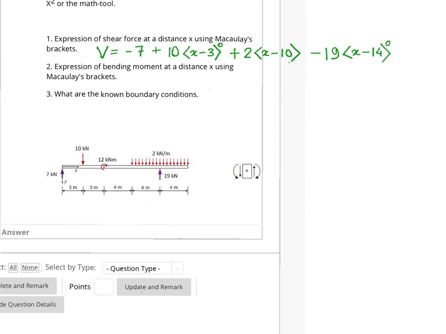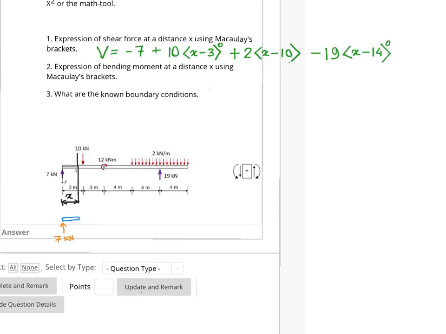Now let's look at the expressions of bending moment. So let me take a section at a distance x from the left hand side as before. Let's say this distance is x. Now let me draw this segment of the beam here, and we have a force of 7 kilonewton, the reaction force from the support, going upward.